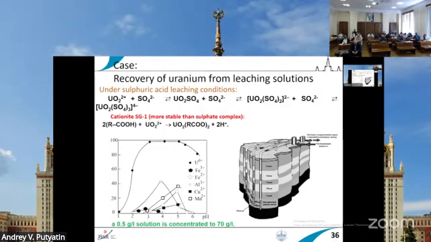And where we use chromatography, one more time, is the first part of the nuclear fuel cycle, the mining of uranium. One way of mining is leaching from the ore, even this ore in the Earth's crust.